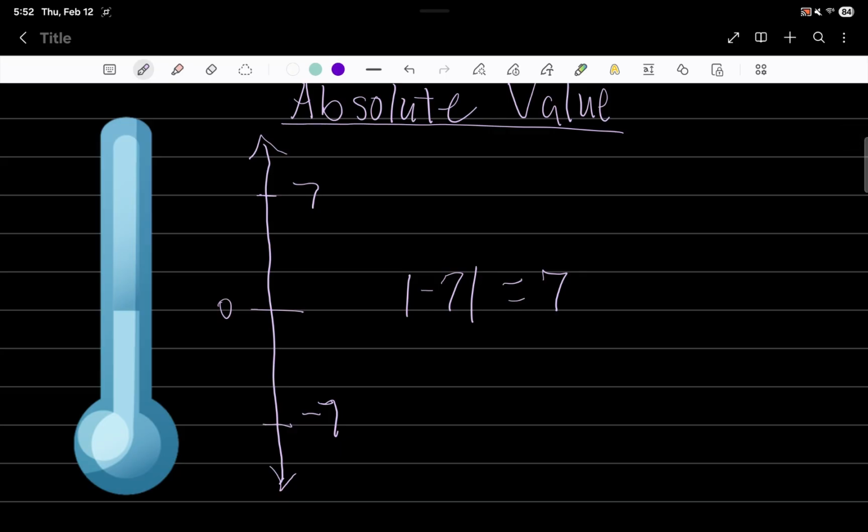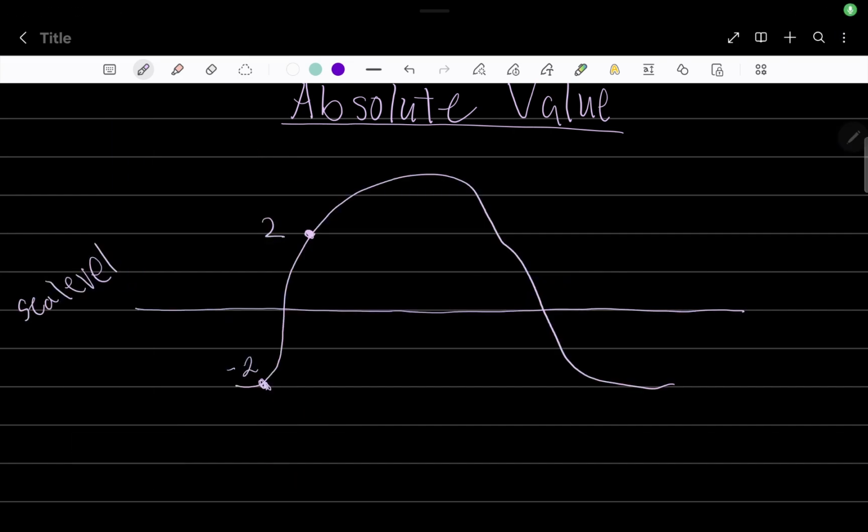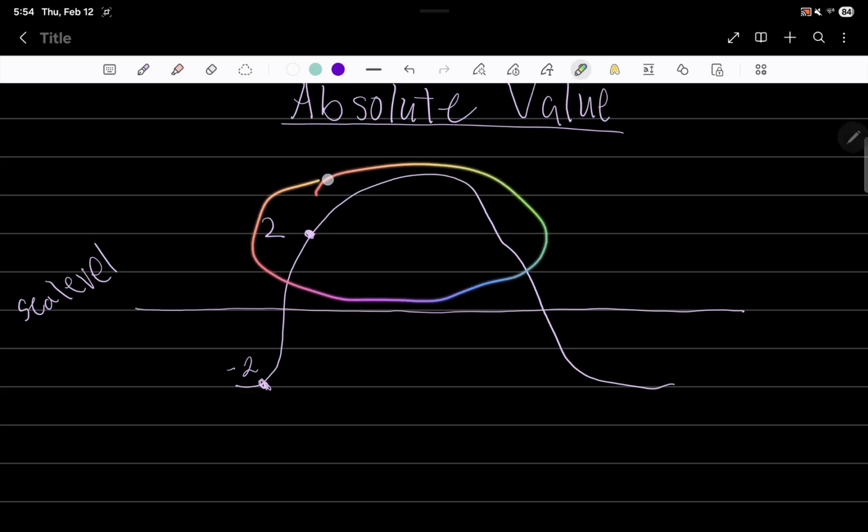Now, we can also look at this in another example by using elevation. So looking at this example, we have sea level. So sea level here is 0. Now, looking at this, we have a mountain and then a mountain here, and then we have a valley.